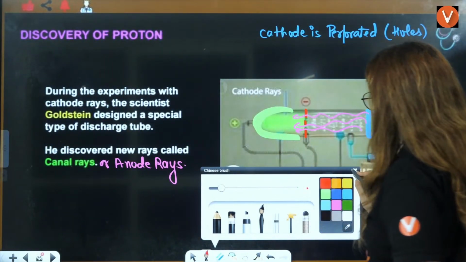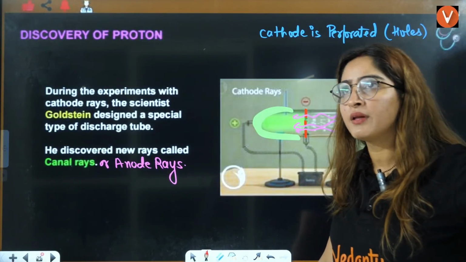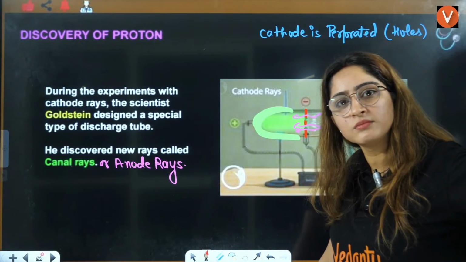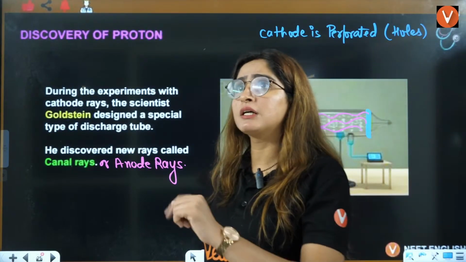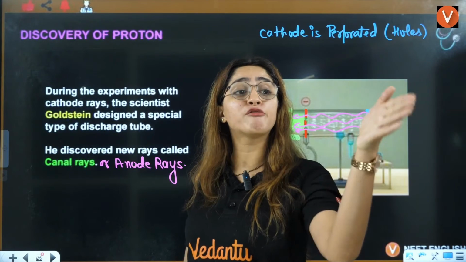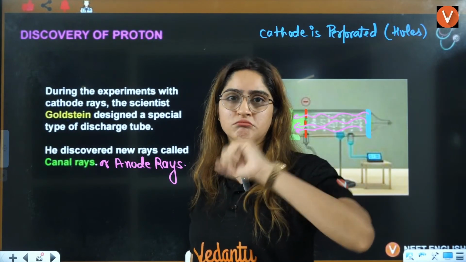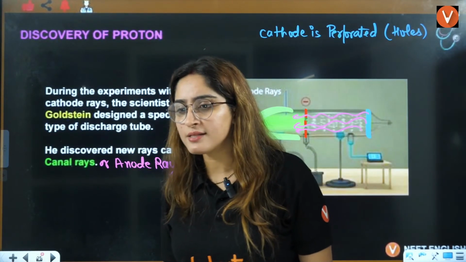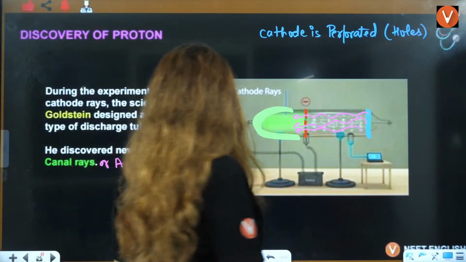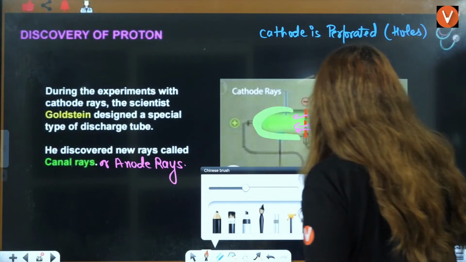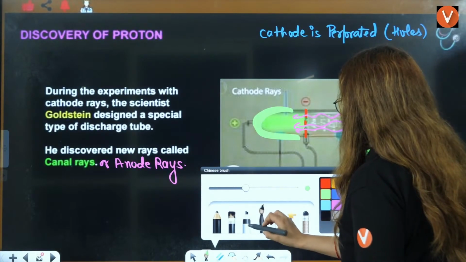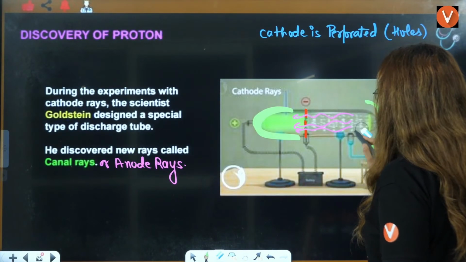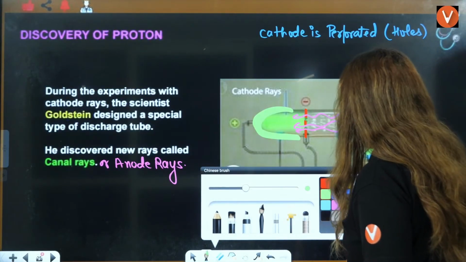Now, the next question is, do we have to give electrons from the cathode, or do we have to give the rays from the anode? No. That means if I have a setup where the ZnS screen is here also, and this anode is also perforated, so both are perforated.